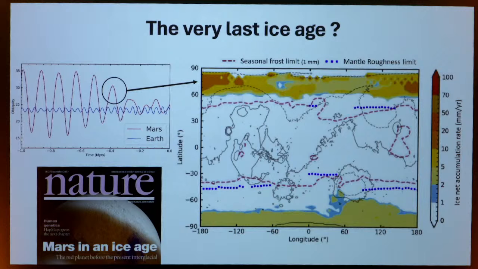But still you have a preservation of ice outside of the polar region on both hemispheres, which corresponds approximately to the lower bound of age of the latitude-dependent mantle inferred from the geology.